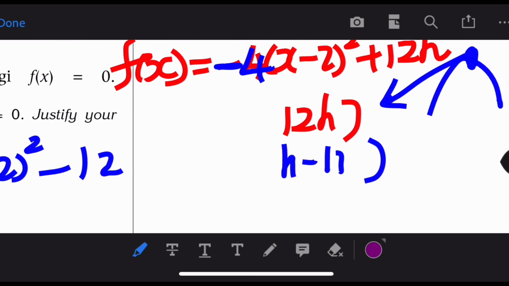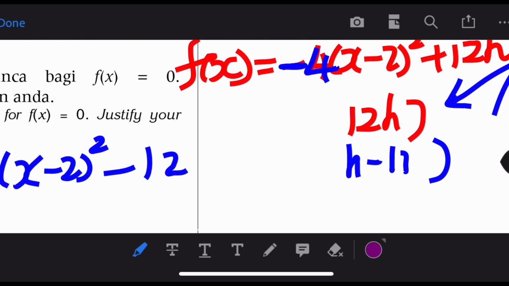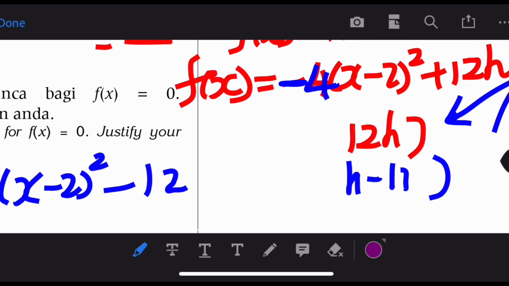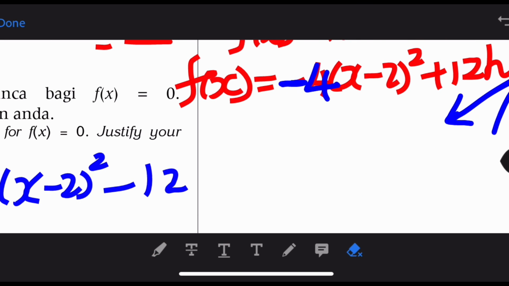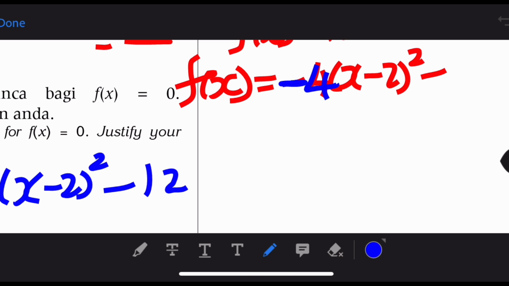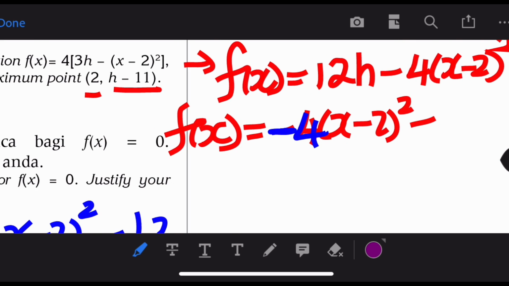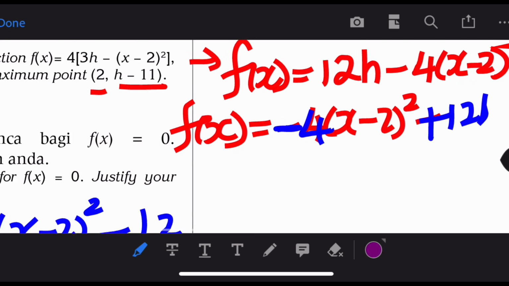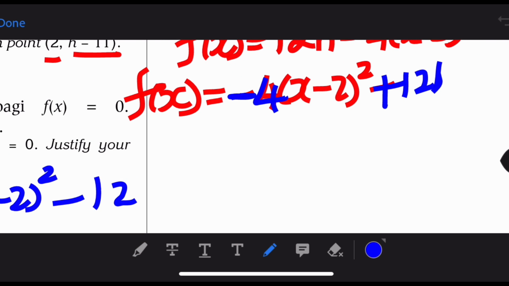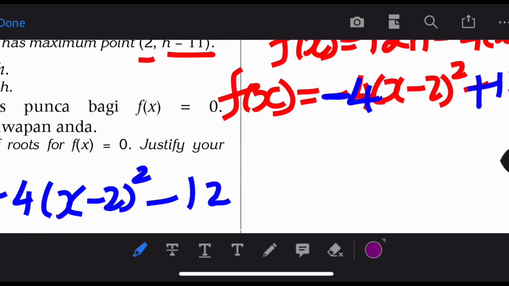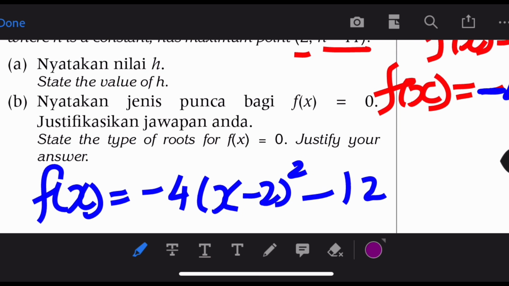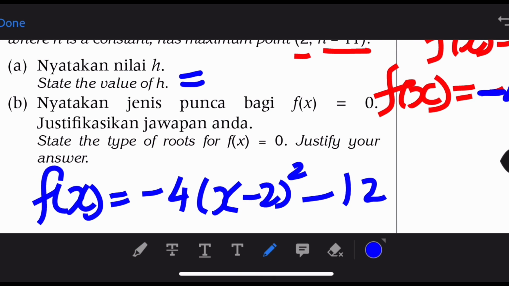Because the h is negative 1, right? So we substitute back. Just now we got h is actually negative 1, so this will become negative 12 because h is negative 1, right?